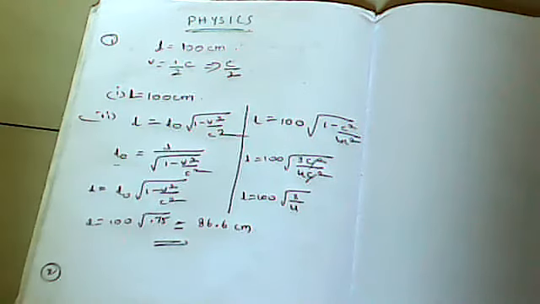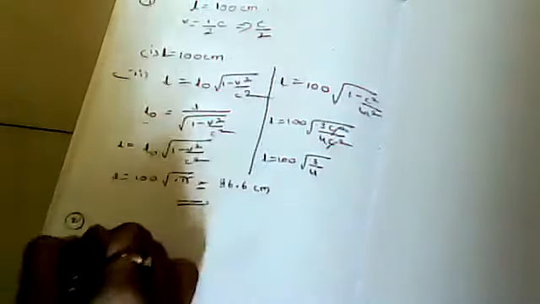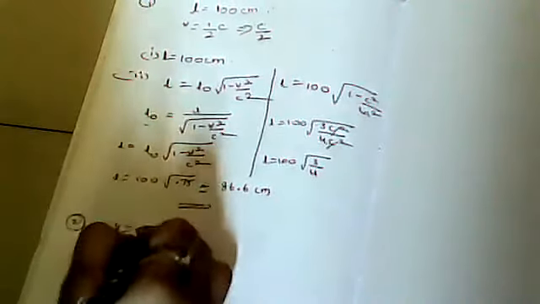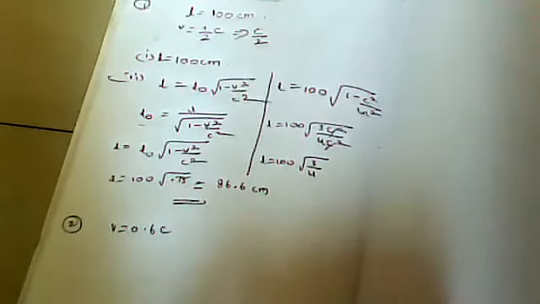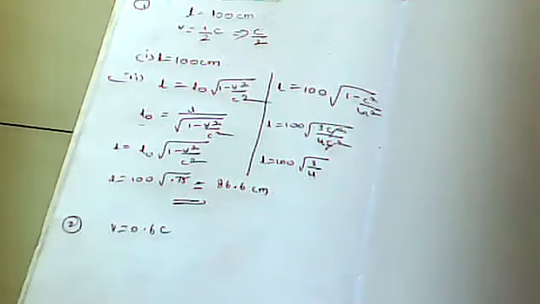Okay. If a rod travels with a speed V is equal to 0.6c. So V is given 0.6c along its length, right? Calculate the percentage of contraction.